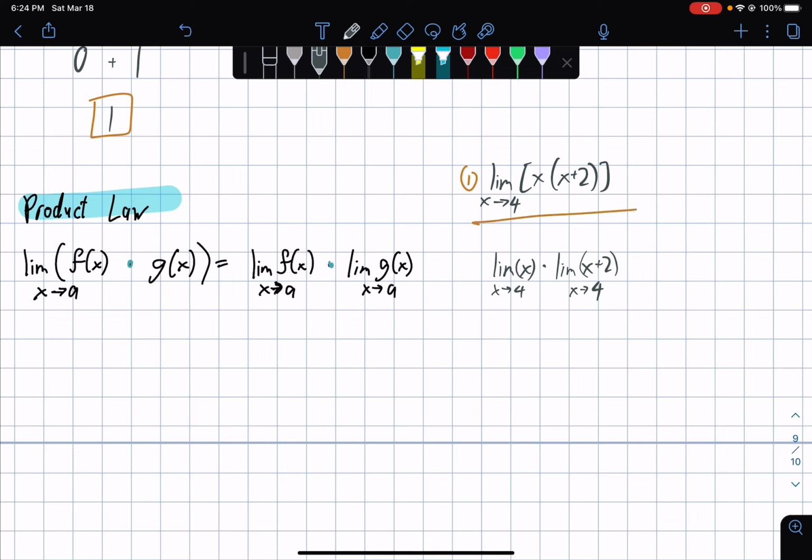And then if there is no value for x at this part, and we know that x approaches 4, I believe the best thing to do is to substitute. So 4 times 4 plus 2. So that makes 6 times 4, or 4 times 6. That is 24.